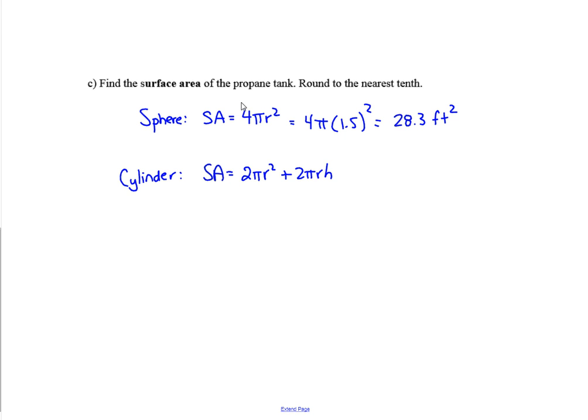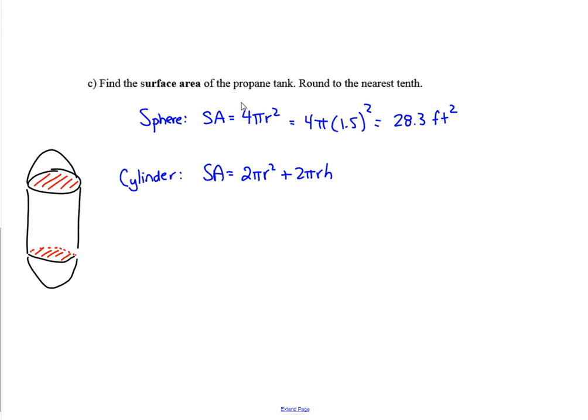But let's think about this shape. Okay, so the cylinder, we have a cylinder, and then we have the spheres on top, hemispheres, right? What is exposed? Is the top and bottom exposed? No. Okay, the top and bottom are not exposed.